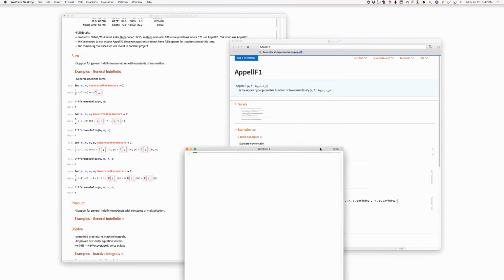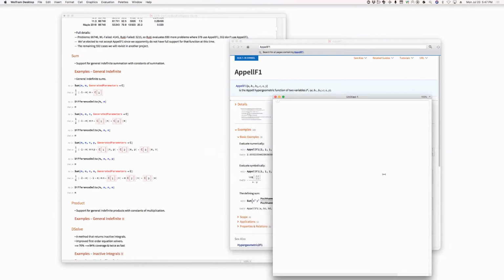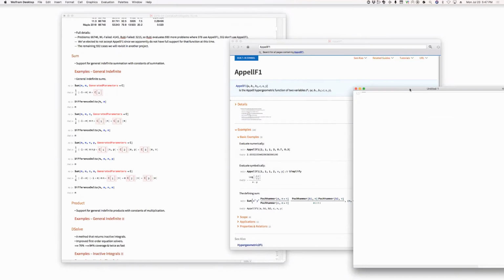Okay, so look, my main point is, what you're saying is we get a symbolic AppellF1, we're still okay. Is that true? Okay.